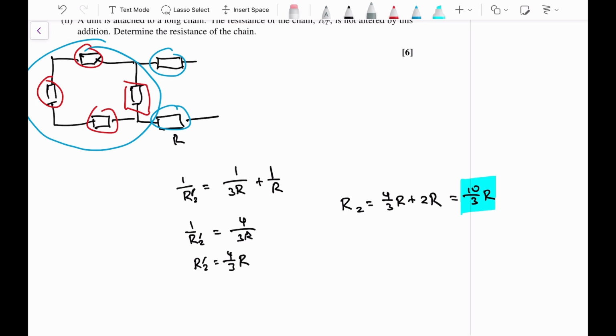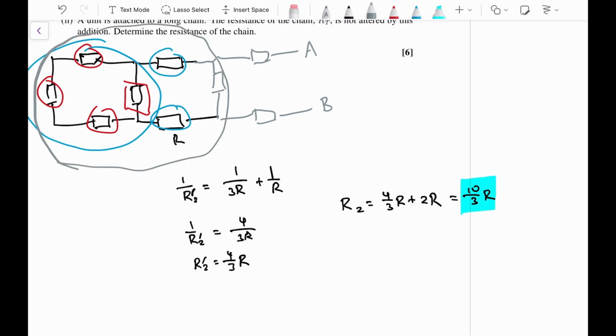I'm going to add the circuit over here. Now in this case, it should be a lot easier. So we already know the resistance of this part, and we only have to calculate the resistance of this entire part in parallel with this and then add another 2.